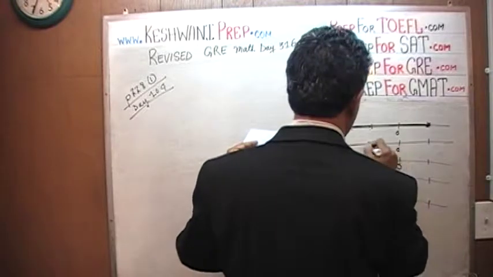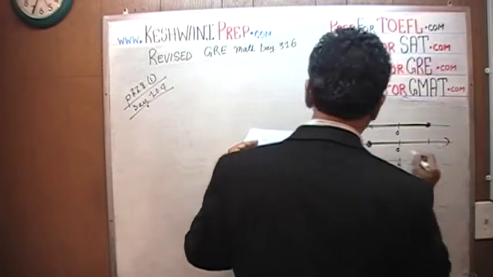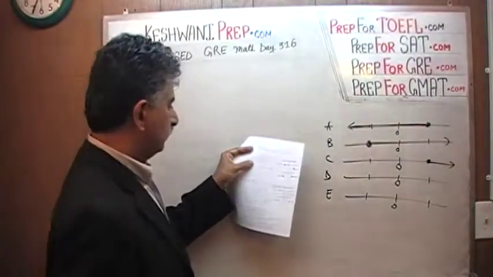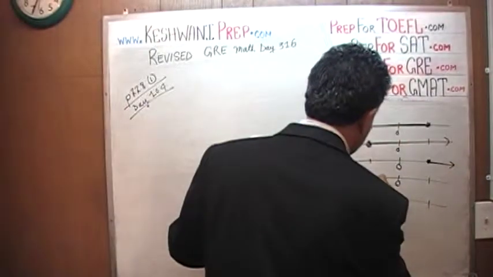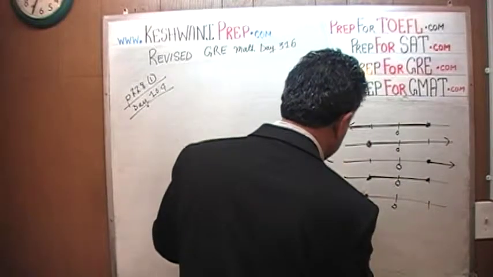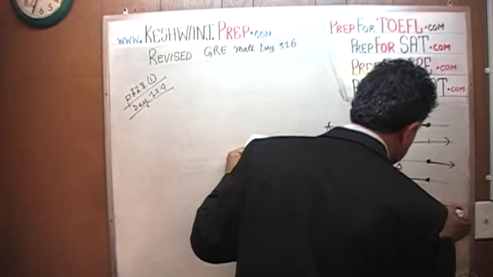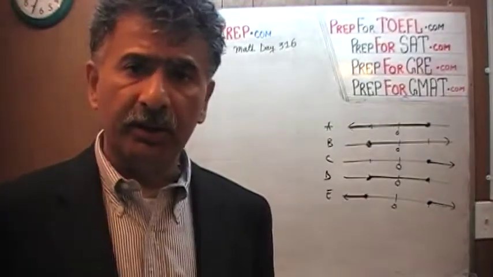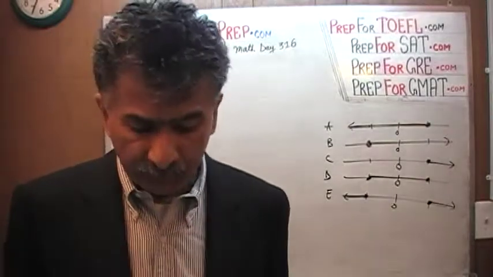The second one goes like this. Third one begins from here. And the fourth one. Here are the 5 answer choices. Our job is to locate the right answer for the problem that is given to us, problem number 1.